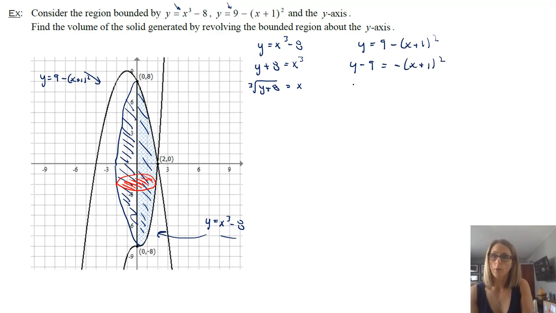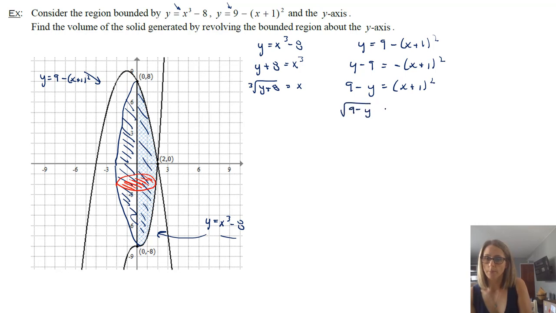Then we will multiply through by a negative, so we'll have 9 minus y equals (x plus 1) squared, and always welcome to pause it and see what you get. So now I'm going to have a square root, the square root of 9 minus y equals x plus 1, and so x is going to equal the square root of 9 minus y, minus 1.